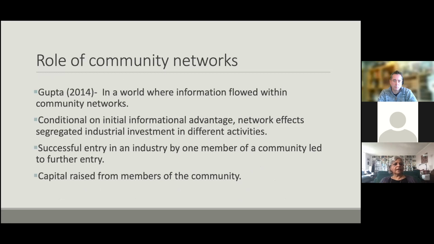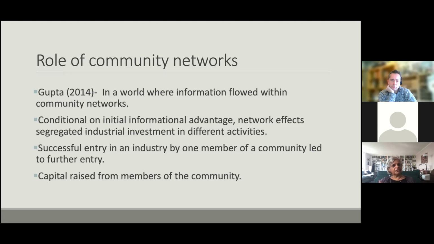So the way I think of the role of community networks is this: it is a world where information flowed within the community networks. So even the British entrepreneurs, you can think of them as a specific community in the Indian context. They lived in the same neighborhoods, they went to the same social clubs, and they operated as a social network.